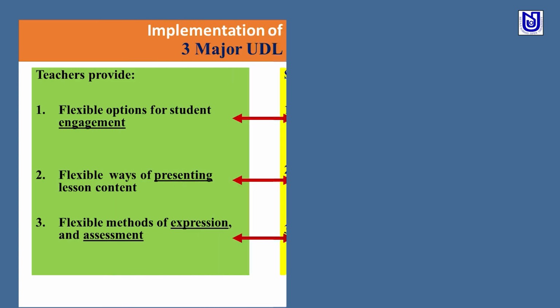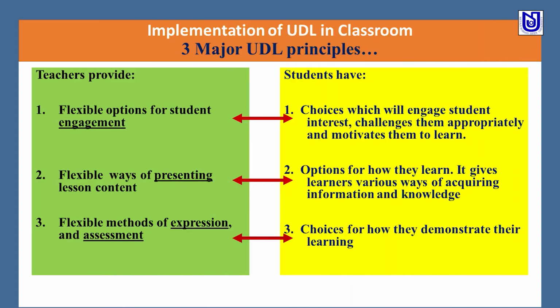Now, we have discussed these three principles with a few examples of how we can provide them multiple options so that our learners will be motivated, our learners will learn irrespective of their challenges, irrespective of their needs.